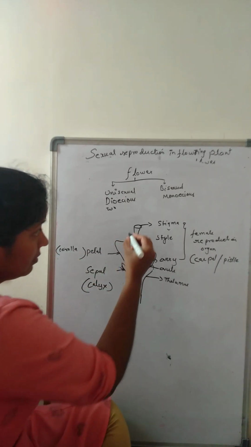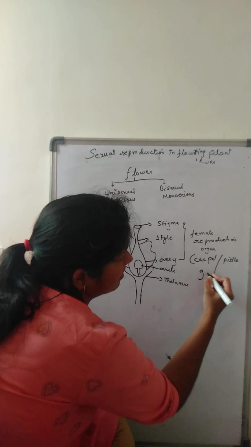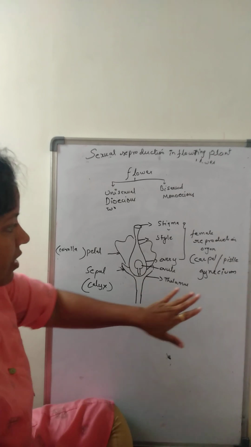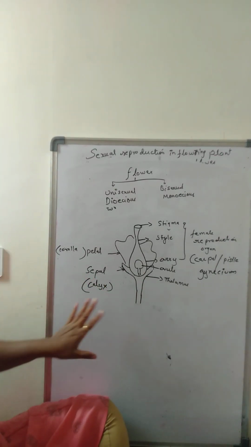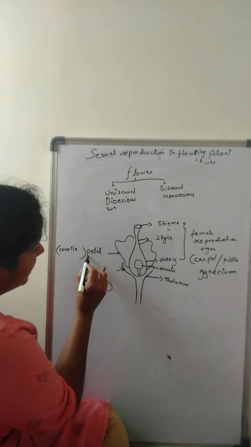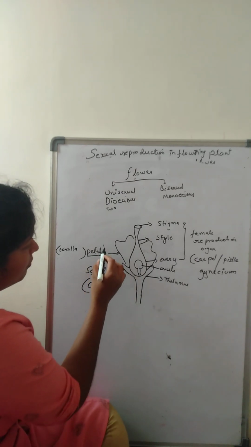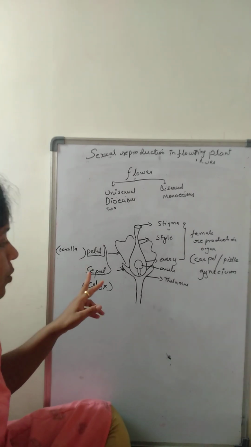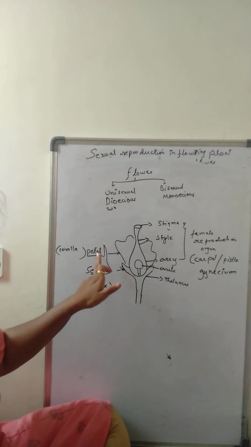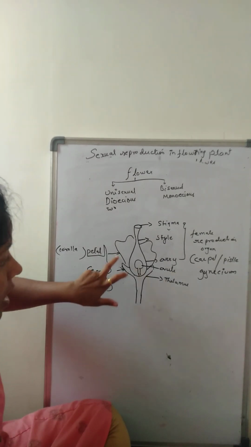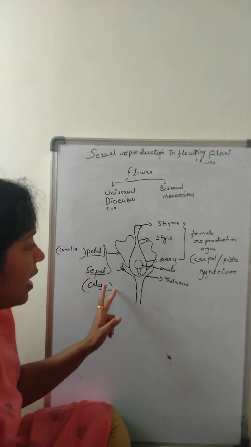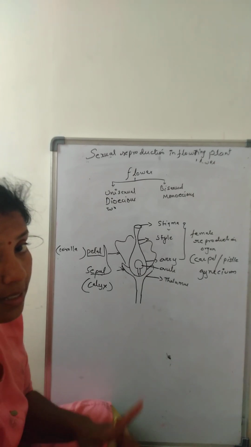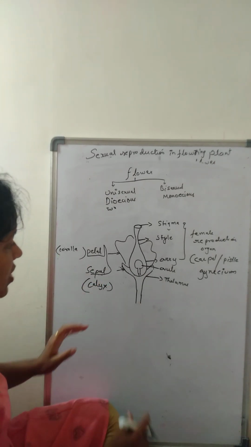In the same way, this is called a gynoecium. Now you know this petal and sepal. Both together are a non-essential whorl. Why is it said to be a non-essential whorl? This calyx and corolla, because these two parts do not involve in sexual reproduction. That is the reason it is known as a non-essential whorl.